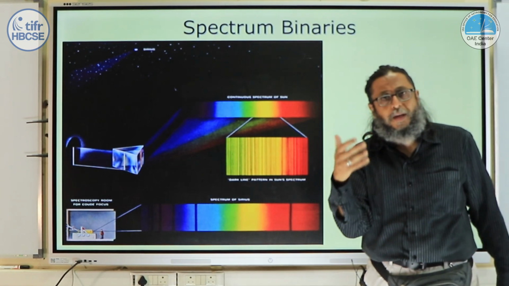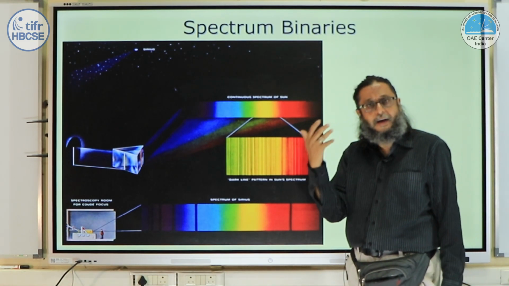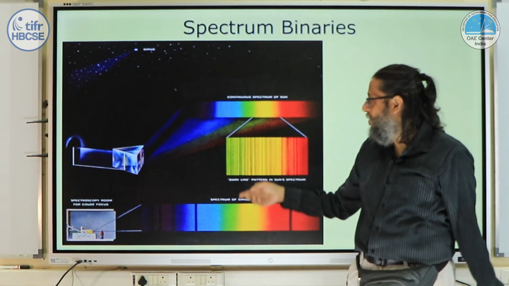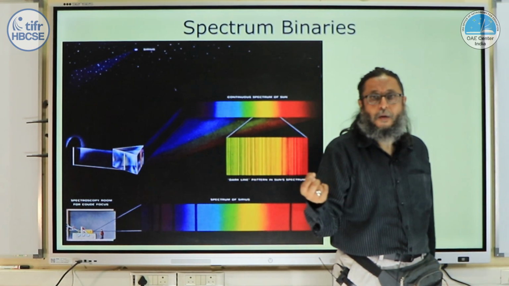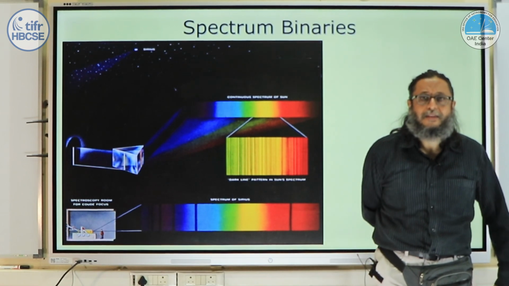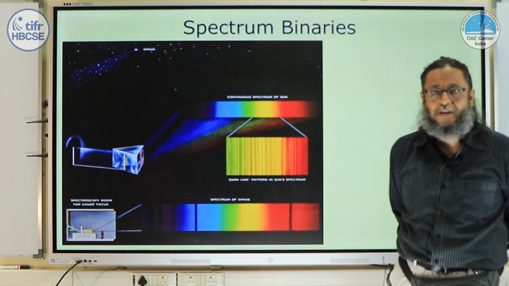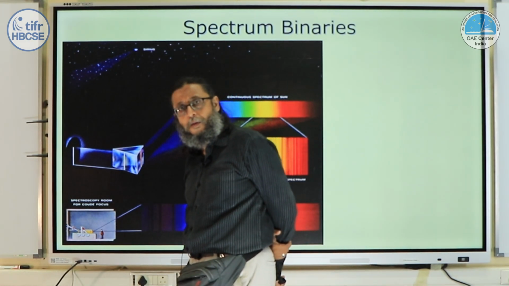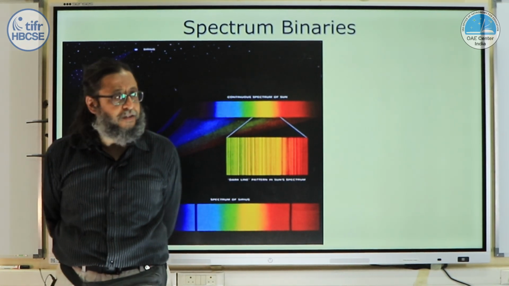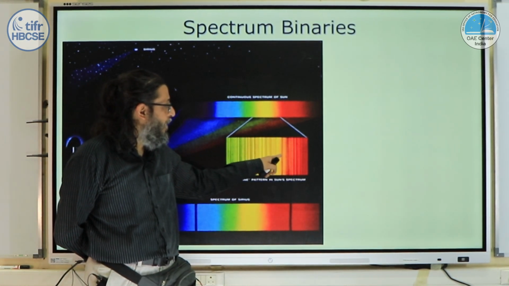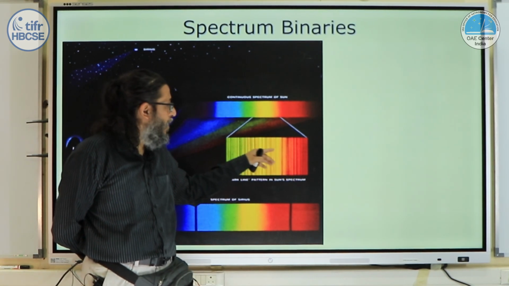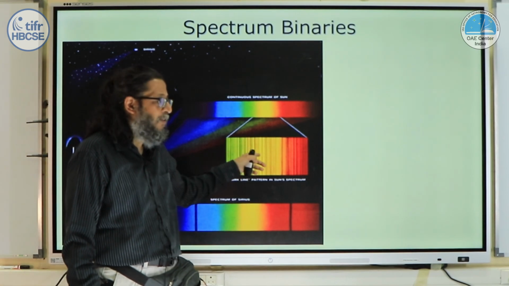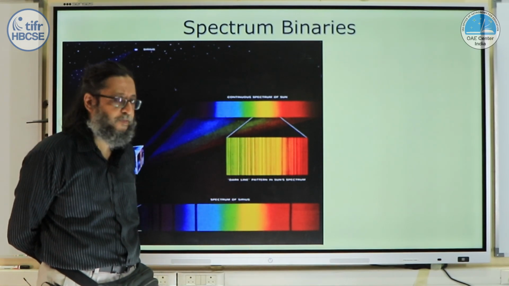Hence, we can get an idea of the physical region in which these lines are created. Depending on the physical parameters, where the most critical parameter is temperature, we can find out the temperature of a particular region from where we see this absorption spectrum.